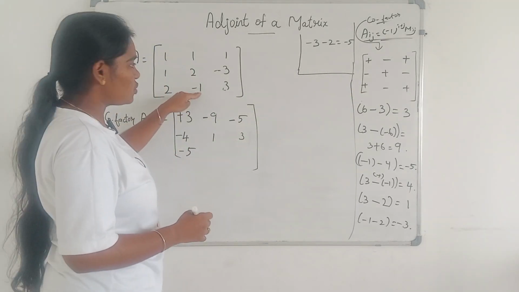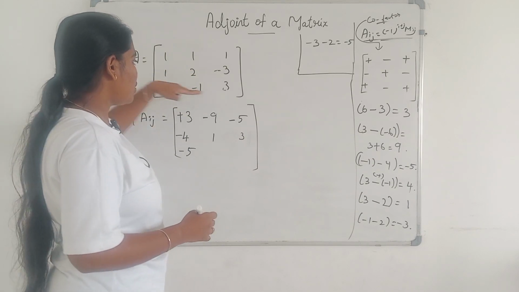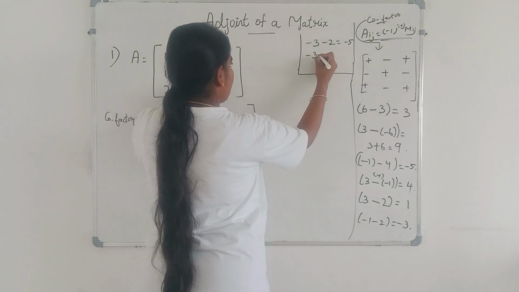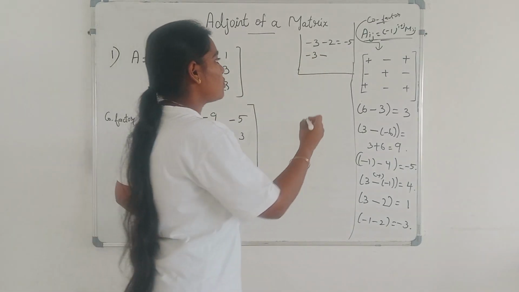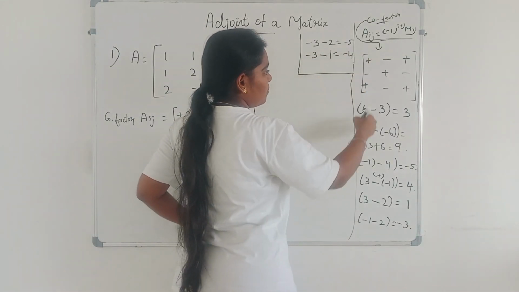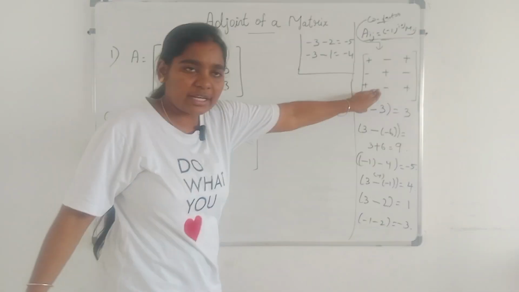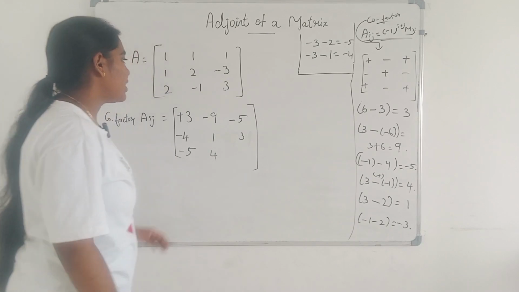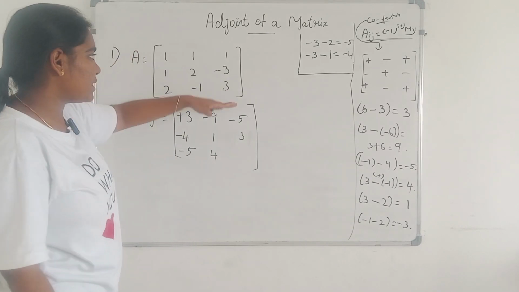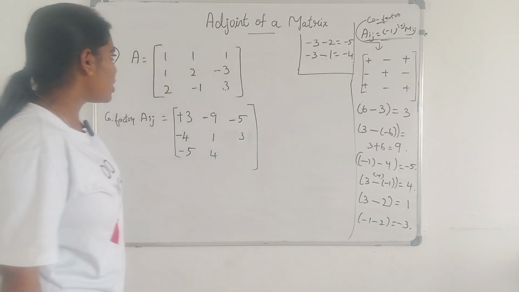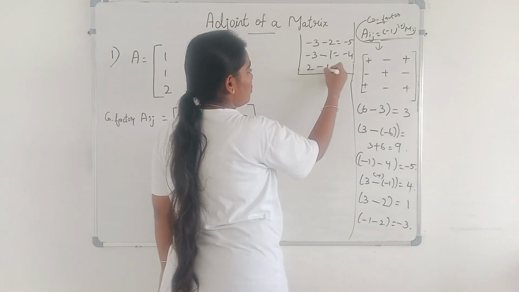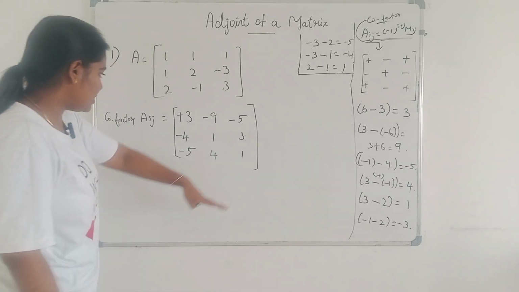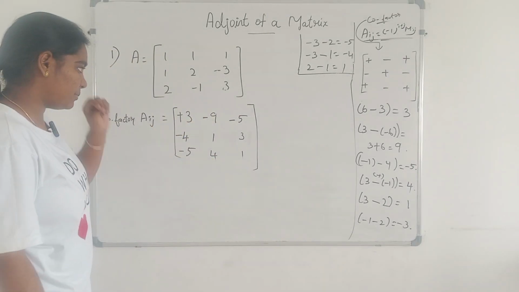Next, for this one, deleting the corresponding row and column, 1 into minus 3, minus 1 into 1, 1, so minus 4. Here the sign is minus, so minus minus plus, so plus 4. Next, for this element, deleting the corresponding row and column, 1 into 2, 2, minus 1, 1. The sign is plus, so 1. This is our cofactor matrix.